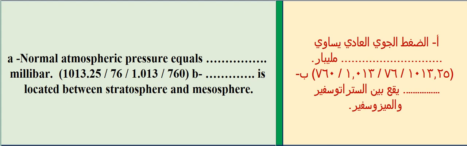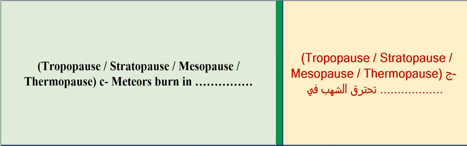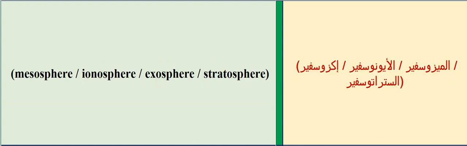B. is located between stratosphere and mesosphere: Tropopause/stratopause/mesopause/thermopause. C. Meteors burn in: mesosphere/ionosphere/exosphere/stratosphere.